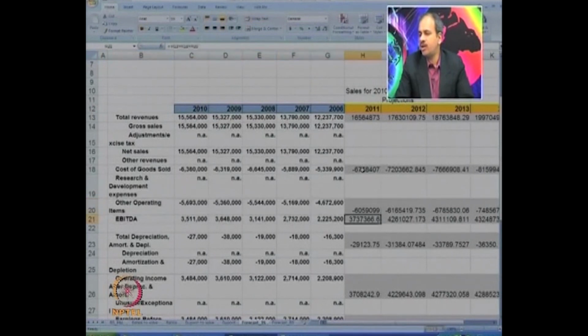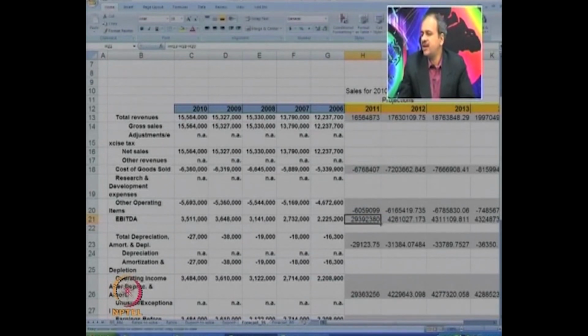Now, the next important figure which we would like to calculate is EBITDA. As you know, in EBITDA we are basically trying to link the earlier figures which we have already calculated. We would like to get the EBITDA figure as sales minus cost of goods sold minus other operating expenses.